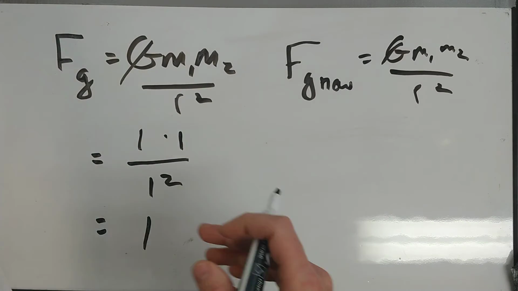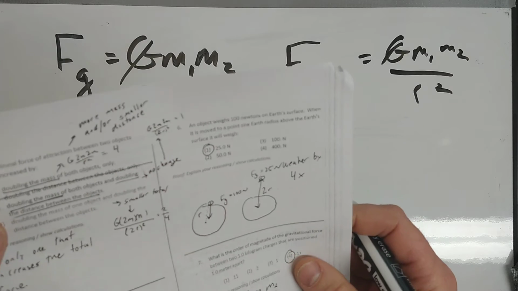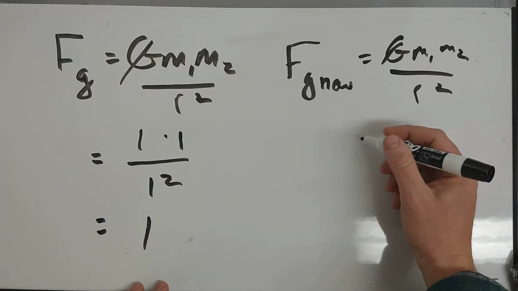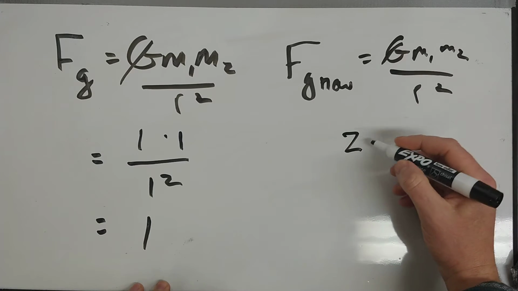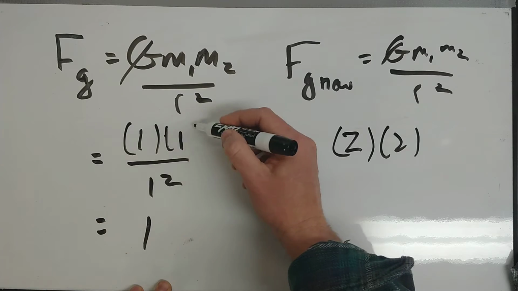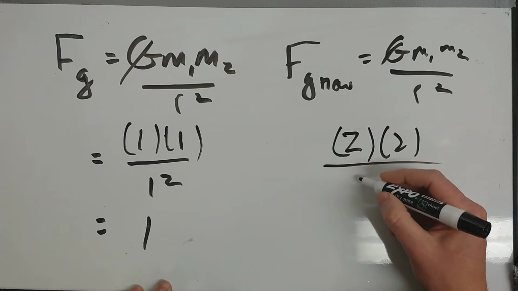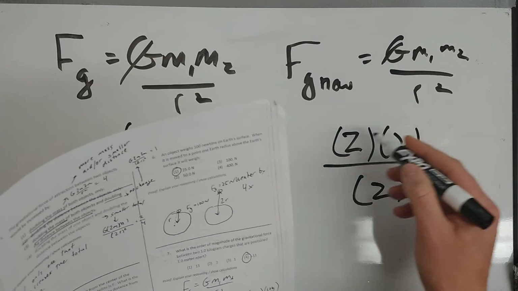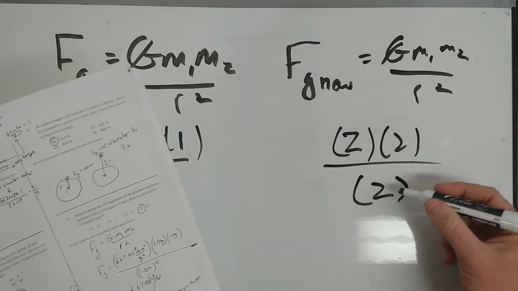So answer 3 says doubling the mass of both objects and doubling the distance between the objects. So I'm going to double the mass of both objects, so 2 times 2, parentheses might help keep this organized a little bit, and I'm doubling the distance as well, so times 2. So I've increased the mass, but increased the distance as well.